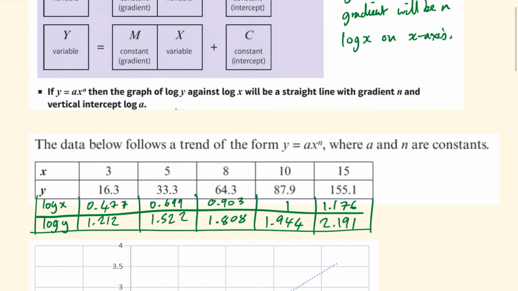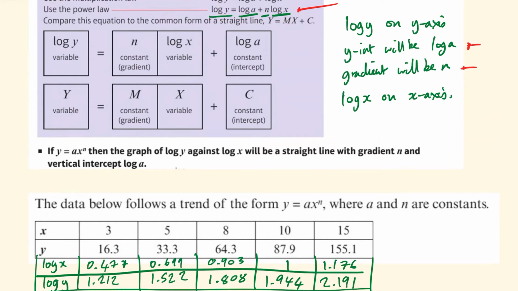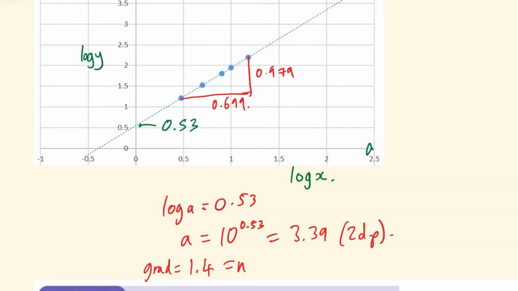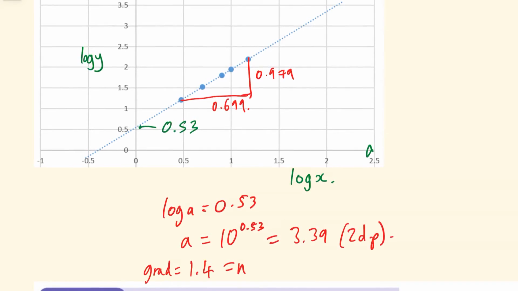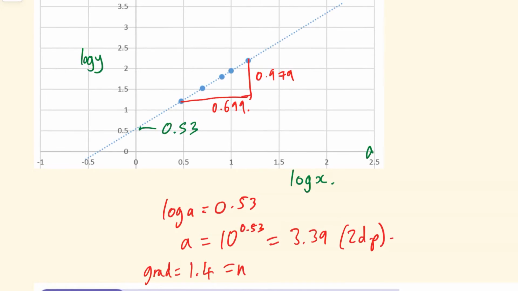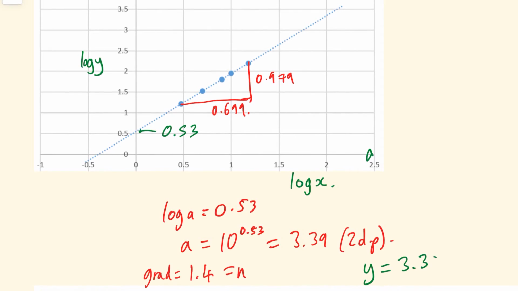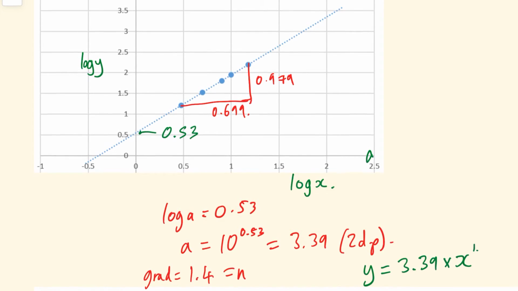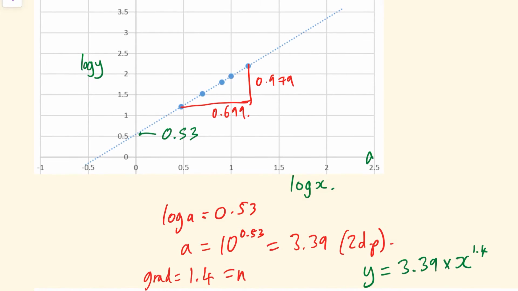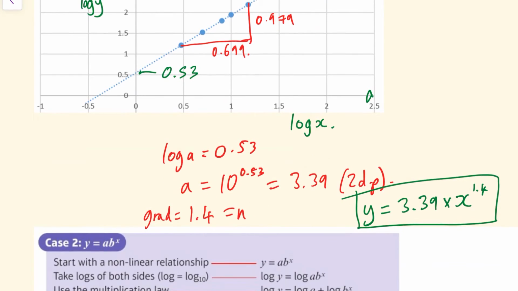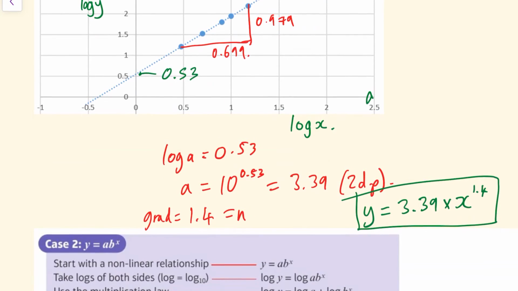And we also said the gradient will be n, so measuring our gradient on here, overall we can say that a is 3.39, our gradient is 1.4, which is n, which means our final trend is y equals 3.39 multiplied by x to the power of 1.4, and this is our equation that connects x and y together in this particular series of data.